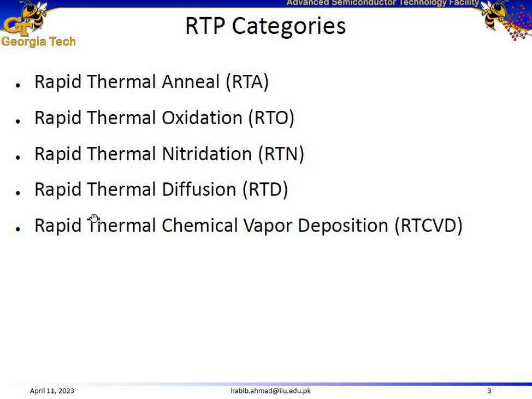Similarly, nitridation, rapid thermal diffusion, and rapid thermal chemical vapor deposition. In chemical vapor deposition, we deposit thin films on top of substrates where the chemical reactions occur at the surface of your substrates, and due to that reaction, thin films are deposited on top of semiconductor substrates.